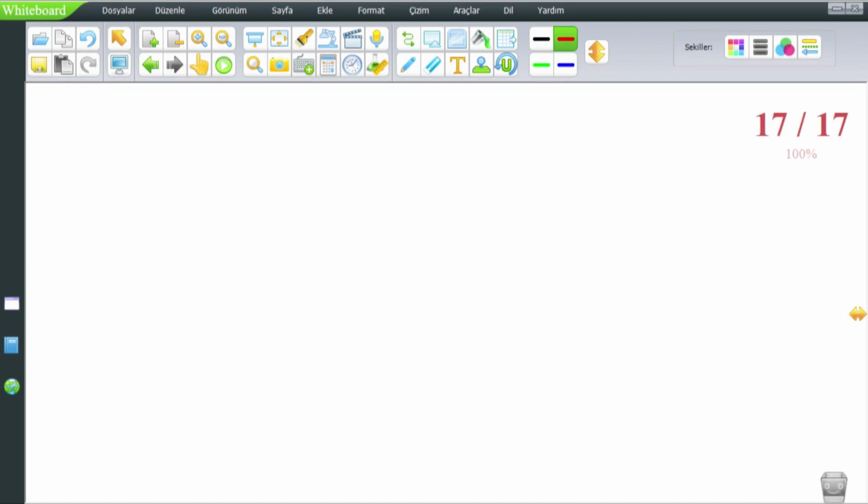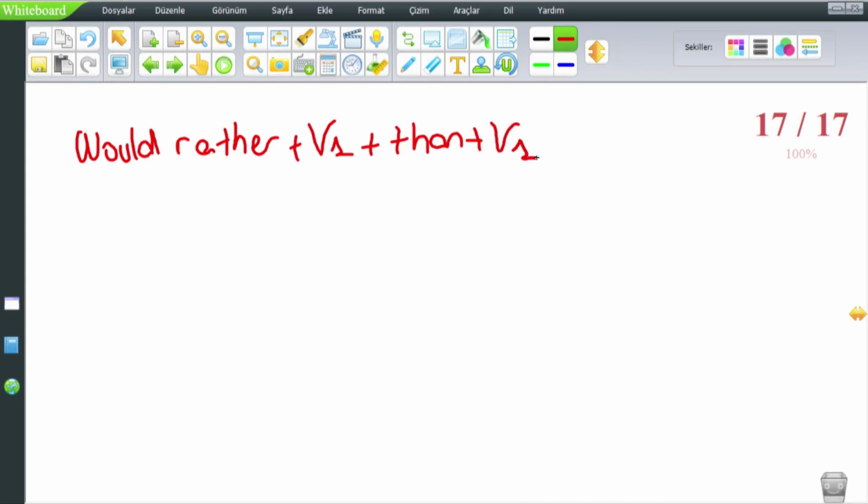And our last use, would rather, bare infinitive, then bare infinitive. And we use this one both in particular and general situations.